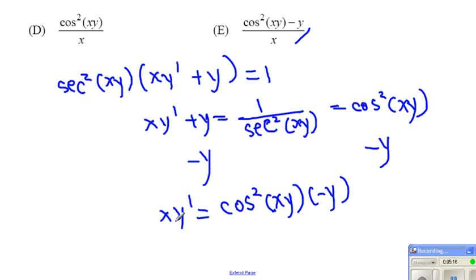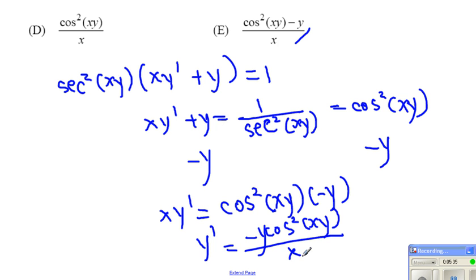Now, to have y prime by itself, we have to divide by x. We get y prime is equal to cosine squared xy, minus y, all over x, which came from x times y prime.